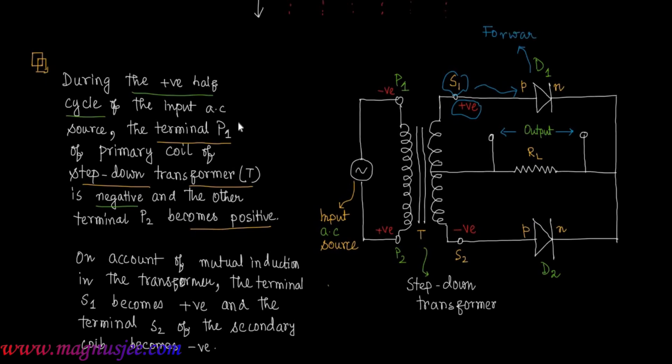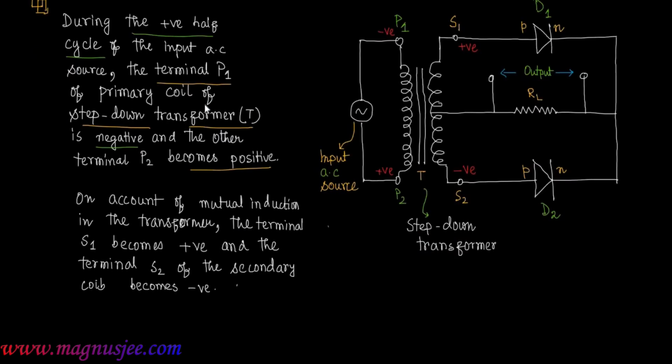There are two PN junction diodes, D1 and D2.